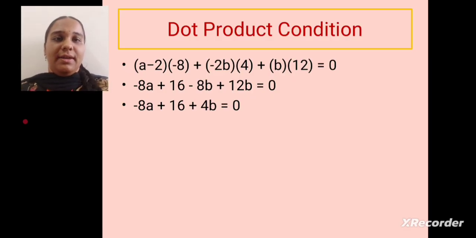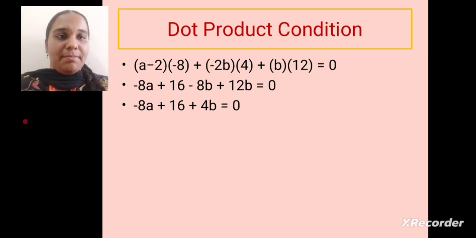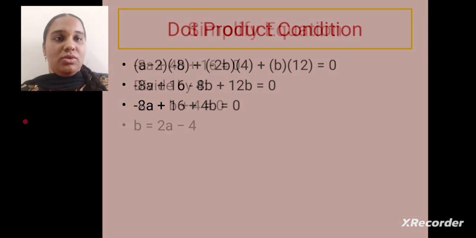So minus 8 into a is going to be minus 8a, plus minus 8 into minus 2 is going to be plus 16, then minus 2b into 4 is going to be minus 8b, plus 12 into b is going to be 12b, is equal to 0. So we're going to get a dot product condition that minus 8a plus 16 plus 4b is equal to 0.